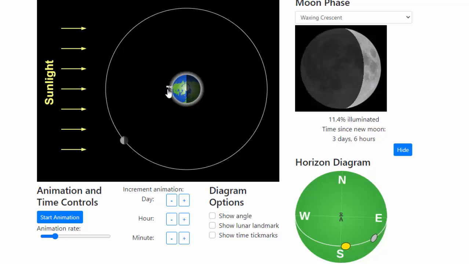Continue to the noontime. Of course, at noontime, the sun has reached its highest point in the sky. The moon is still rising up in the sky. Now you can see the moon will reach its highest point in the sky somewhere between noontime and sunset.